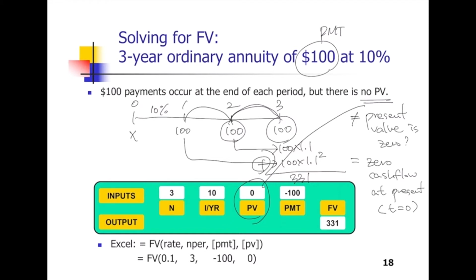And Excel function, the FV, the rate is 10%, number of periods 3, and payment is minus 100, and present value, no present value, right? The PV is 0. There is no cash flow at the current time, right? So you input this, you get the same number, right?